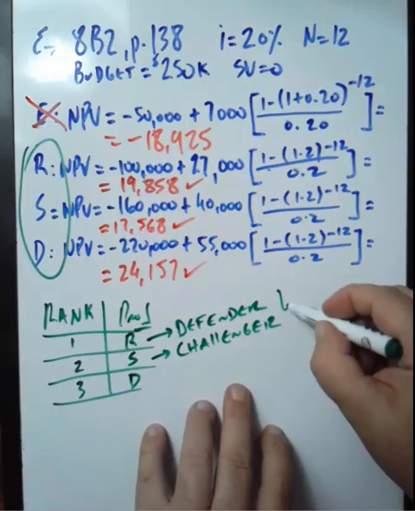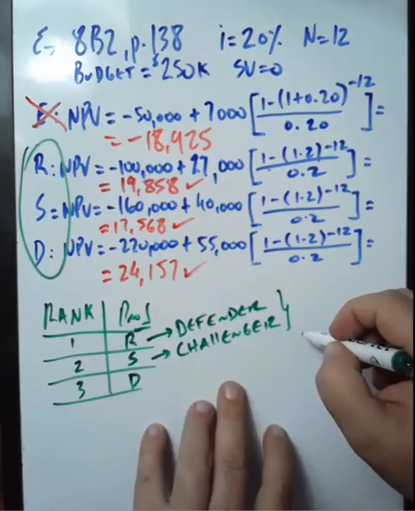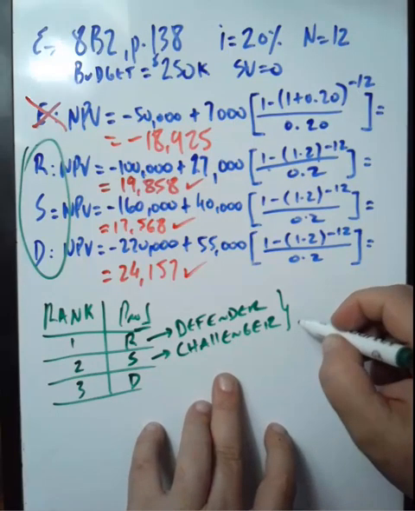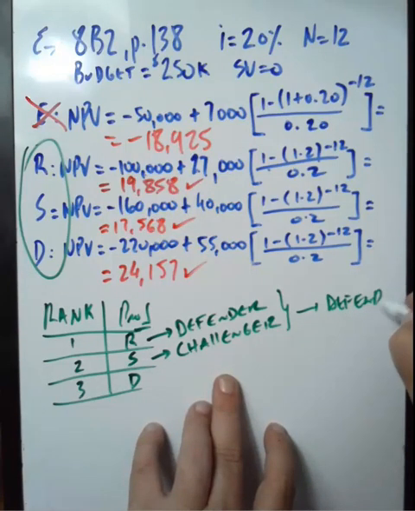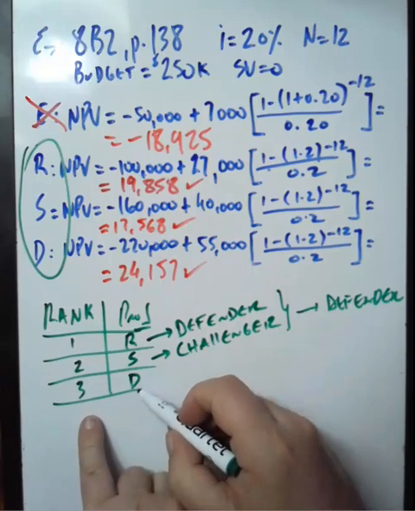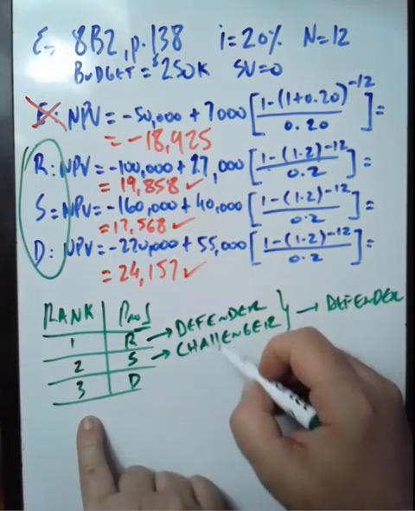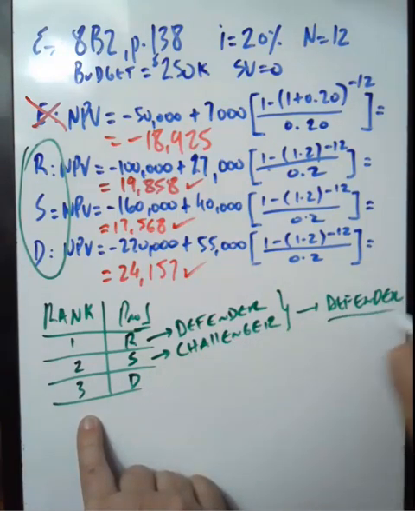Whoever wins from this combat, let's say, is going to then be the defender on the next round against project D. So let's see who's going to become the defender for the next round.